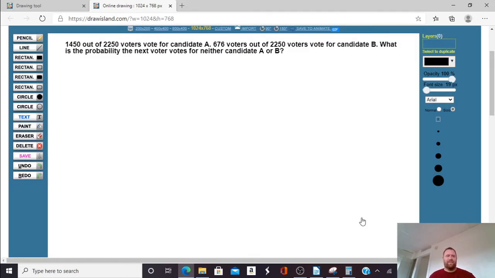Okay, on to example 5 in experimental probability. 1,450 out of 2,250 voters vote for candidate A. 676 voters out of 2,250 voters vote for candidate B. What is the probability that the next voter votes for neither candidate A or B?